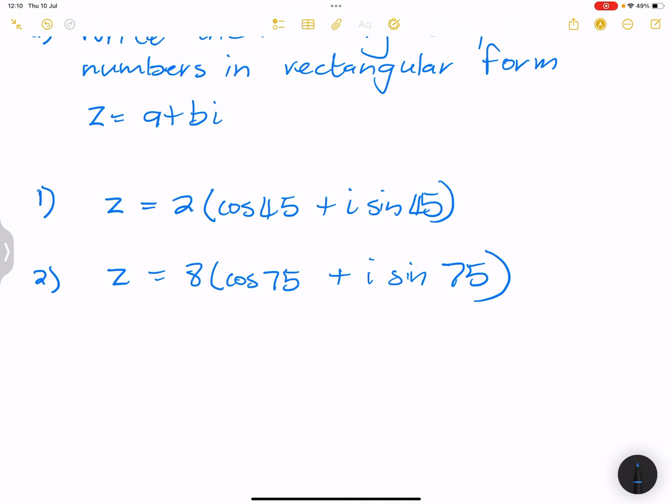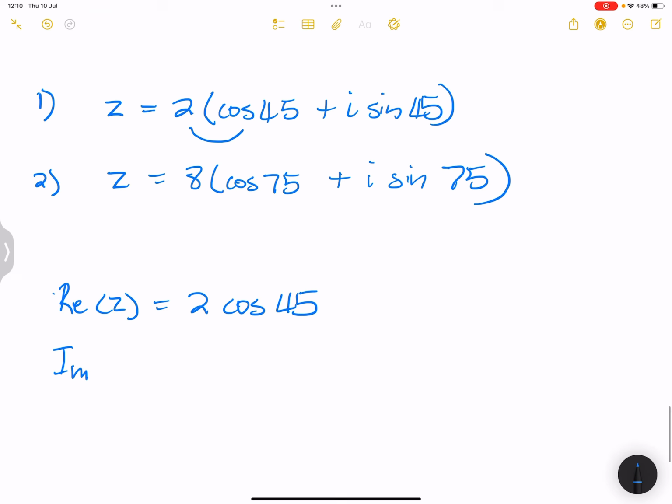For these ones, that means that our a value, that's 2 cos 45, that's the real part. That would be 2 cos of 45. And the imaginary part would be 2 sine of 45. Right, and you can work it out.